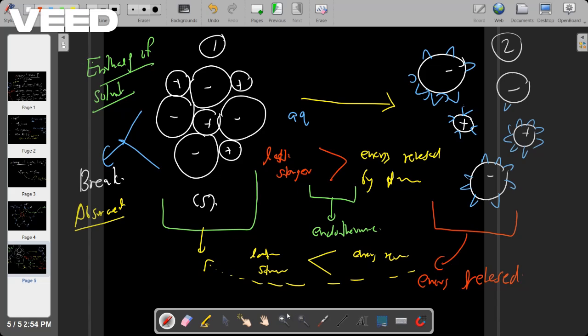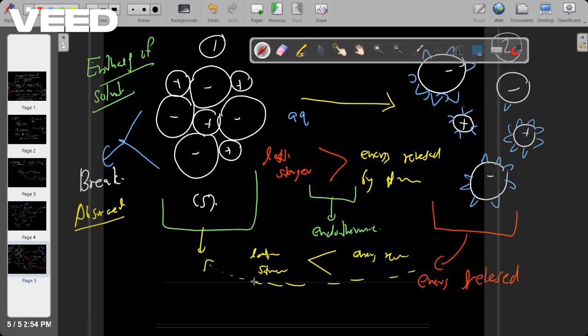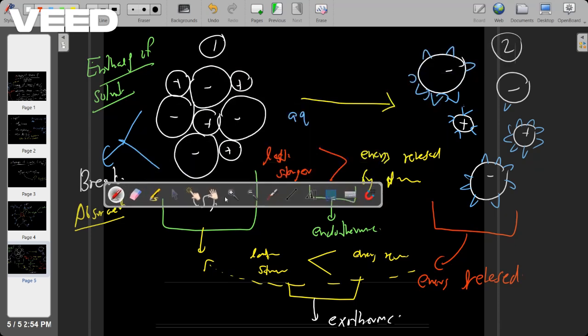So that is why I'm telling you, it depends on the compound. You can predict it. You can check whether the energy is sufficient. So depending on the lattice, we can decide whether it is endothermic or exothermic. Simple as that.